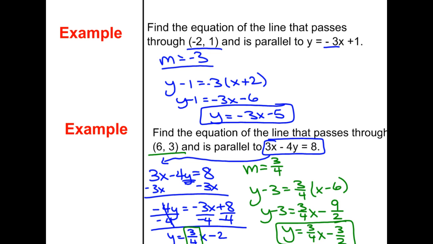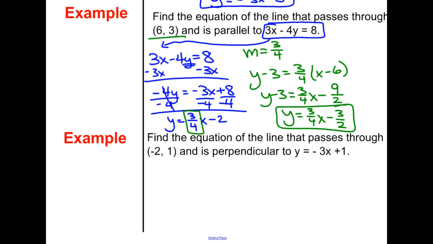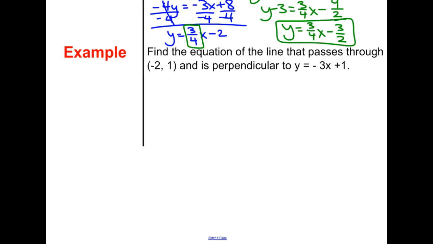All right, this last problem is almost identical to the first problem up there, but it's perpendicular to that line, so it's going to change things up a little bit. We need to be perpendicular to negative 3x, which means it's got to be the opposite reciprocal, so it's a positive. Instead of 3, we take that 3 over 1 and flip it, so it's positive 1/3. Our point is up there, so let's plug it in.